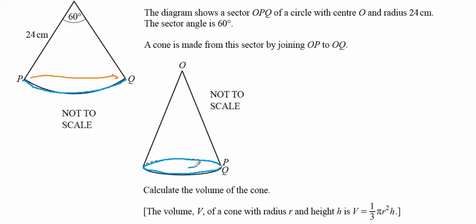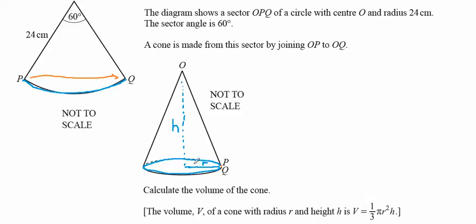So here this is the radius, and here we will have the height h, which is not given. So we need to find h as well as we need to find r, and then we'll be able to find the volume of this cone. Okay, now let's see how to find r.